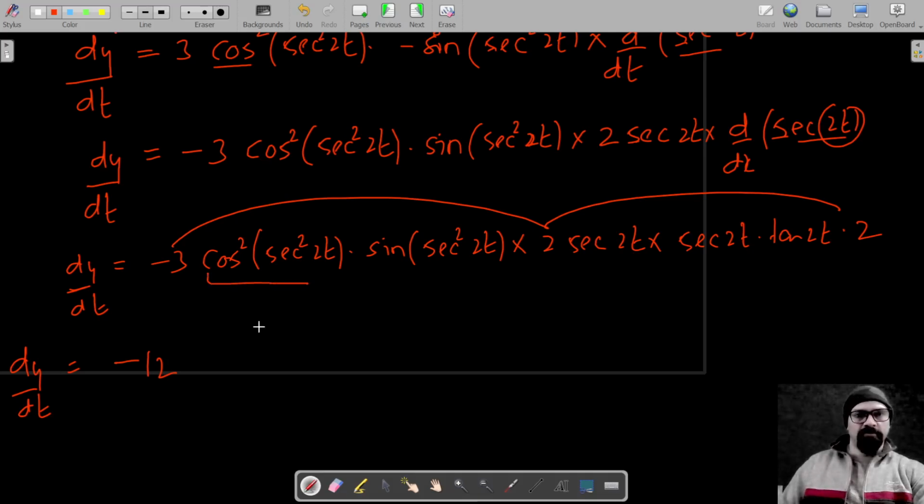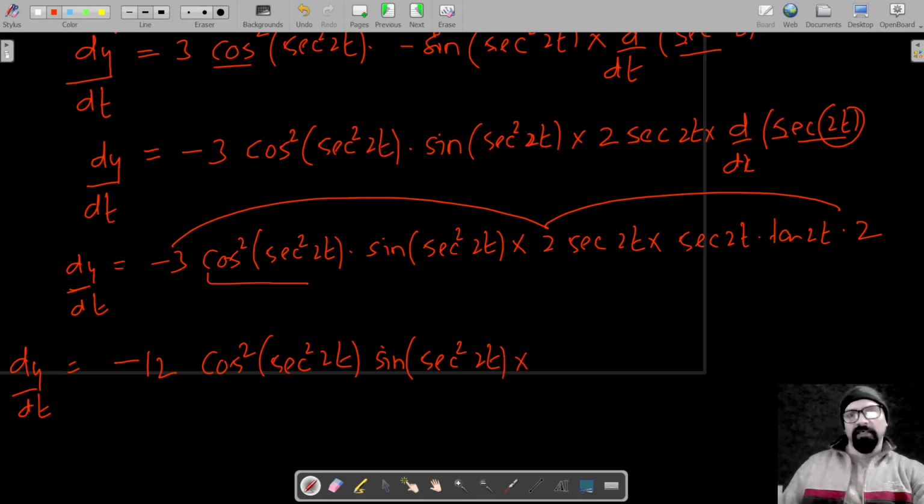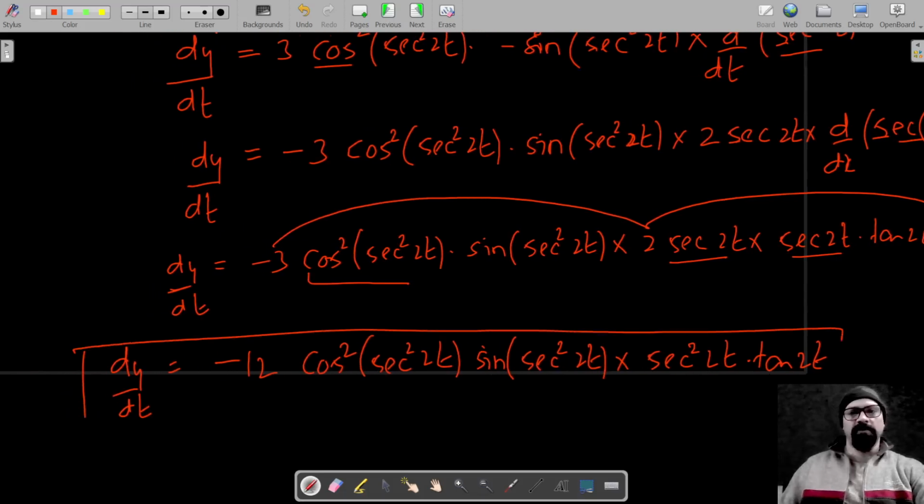And we have cos square secant square 2t, and then we have sine of secant square 2t. And this is secant 2t into secant 2t is secant square 2t into, we are left with tan 2t. So this is the value of dy by dt.